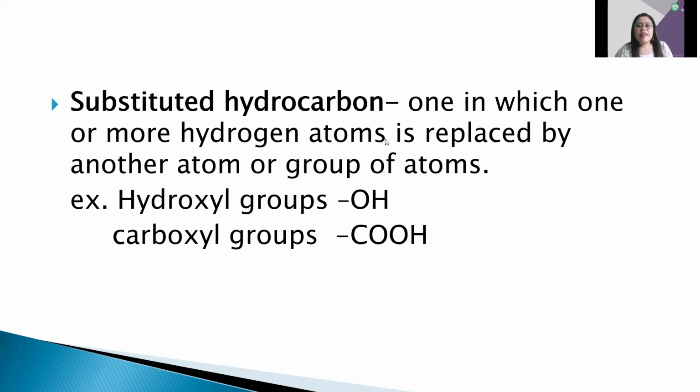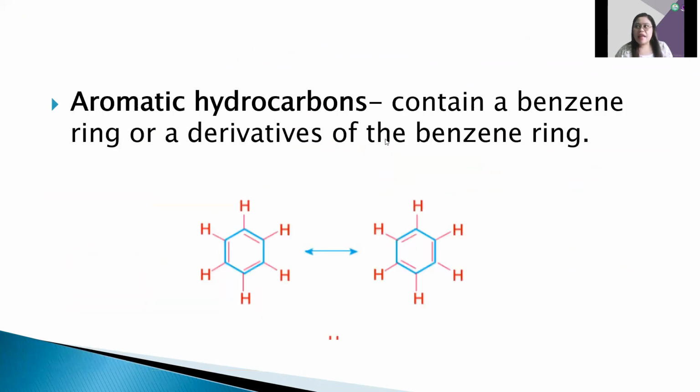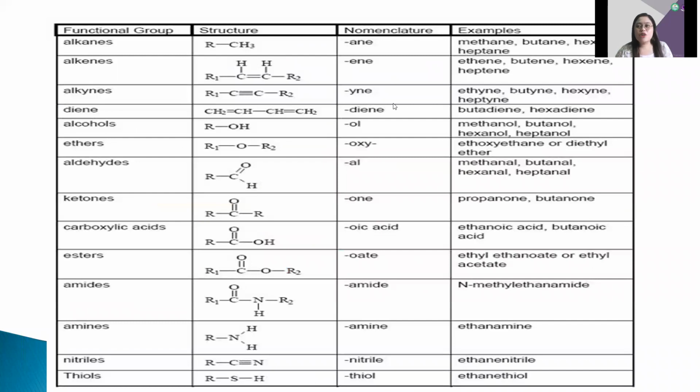Okay. And then class, in studying organic compounds, it's very important to know the different functional groups. Functional groups are atoms or groups of atoms arranged in a specific order, and that will be the identity of the substance, at the same time responsible for its physical and chemical properties.